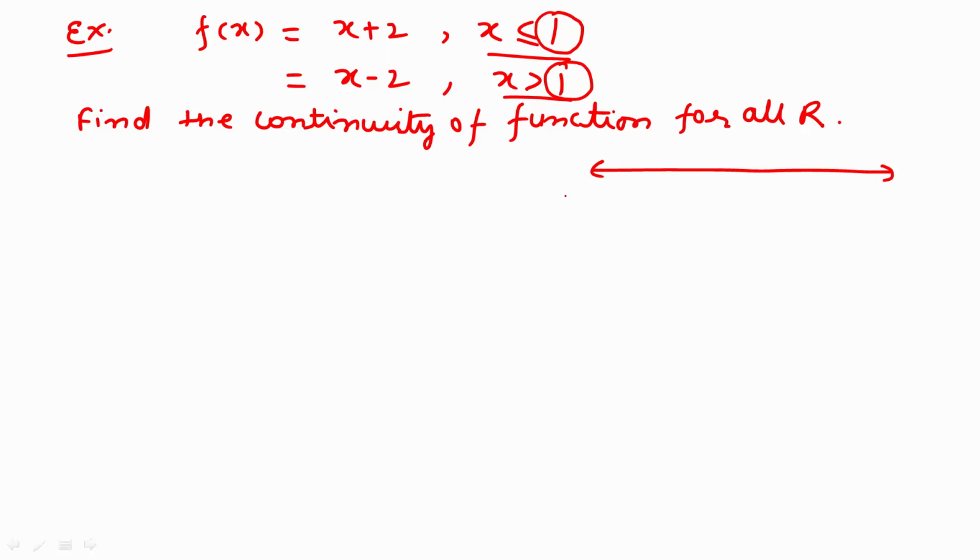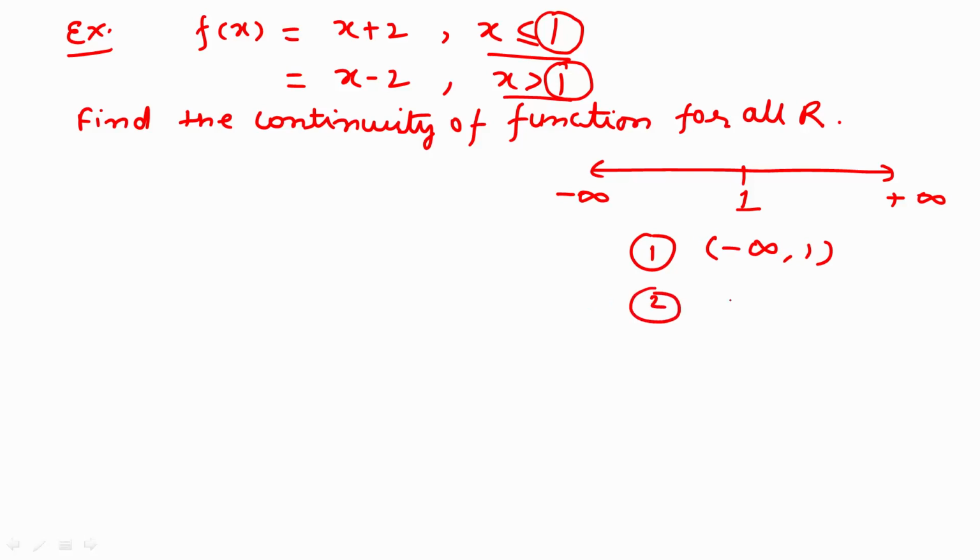This is your minus infinity and this is your plus infinity, and 1 mark here. So the whole number line is divided into 3 parts. The first part is the open interval minus infinity to 1.